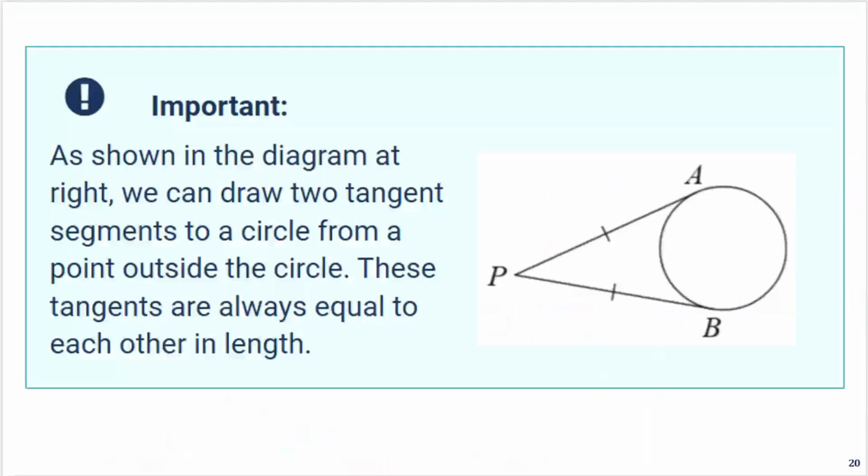Okay, and you can also treat this as another property. As shown here in this diagram at right, we can draw two tangent segments to a circle from a point outside the circle. Then these tangents are always equal to each other in length. All right.